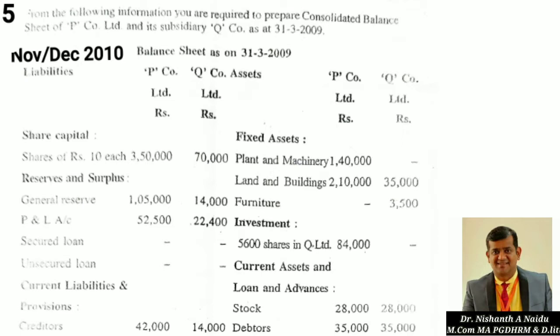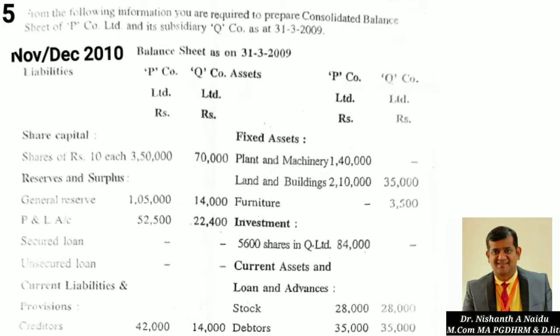Land and buildings 2,10,000 P Company Limited, Q Company Limited 35,000. Furniture P Company Limited nil, Q Company Limited 3,500. Investments 5,600 shares in Q Company Limited, 84,000 rupees for P Company Limited and Q Company Limited nil.